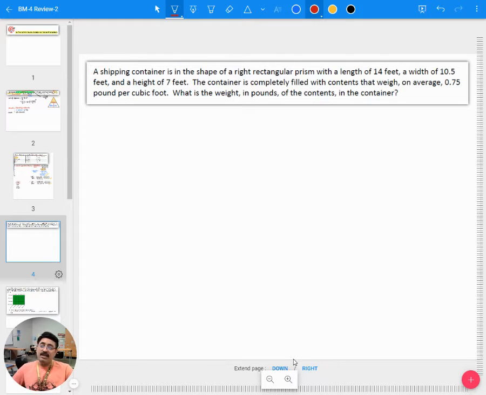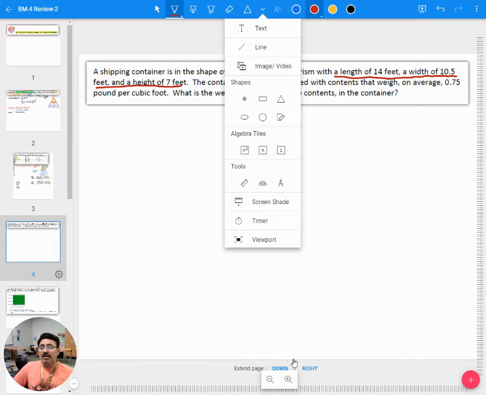A shipping container is in the shape of a right rectangular prism with a length of 14 feet. The information is to be copied first. Length, width, and height are given. Let me draw really quick.